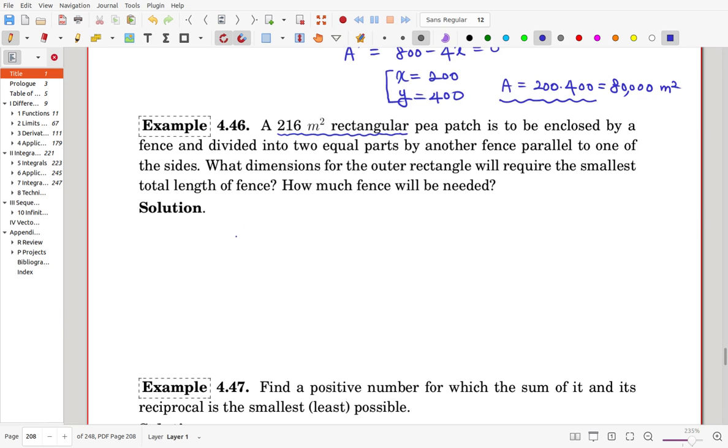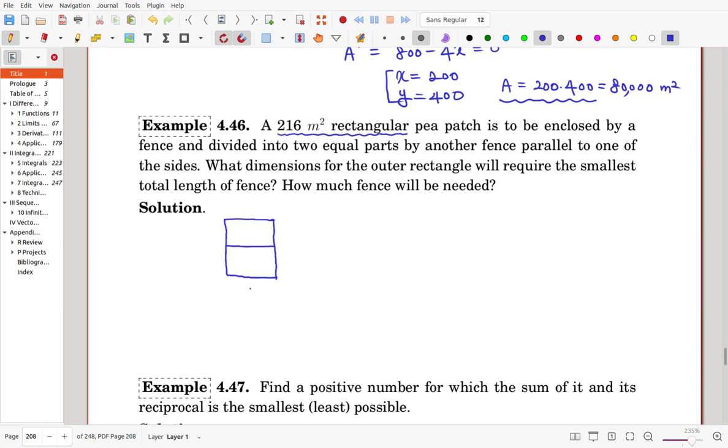For this problem, let's try to visualize the condition the problem is explaining. This is a rectangular region, and we want to divide the region into two equal parts by another fence parallel to one of the sides, possibly like that.